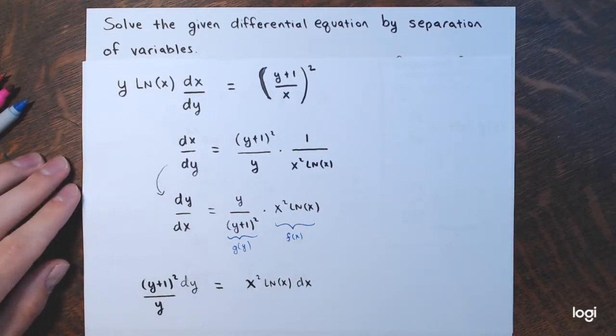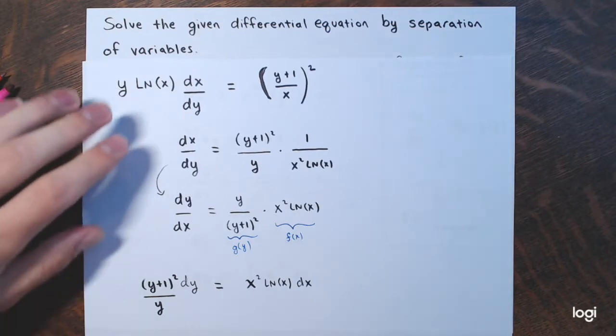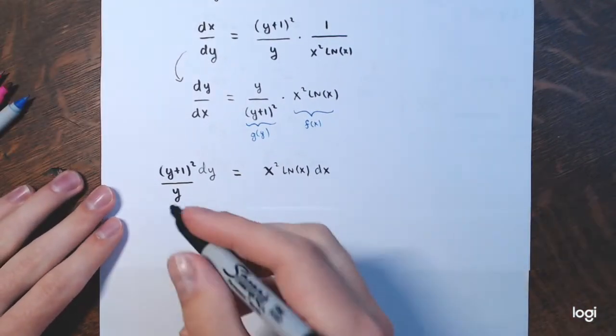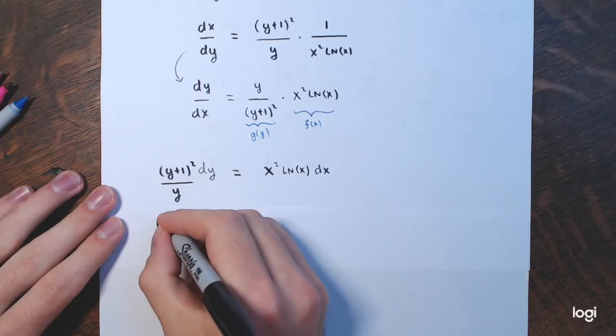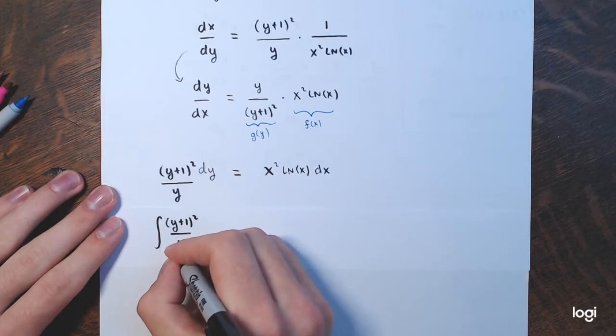Great. Alright, so the variables have been separated, and now I'm going to do indefinite integration. So the indefinite integral of y plus 1 squared divided by y dy.